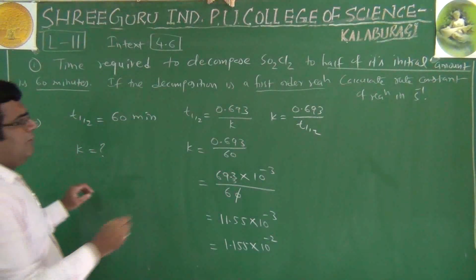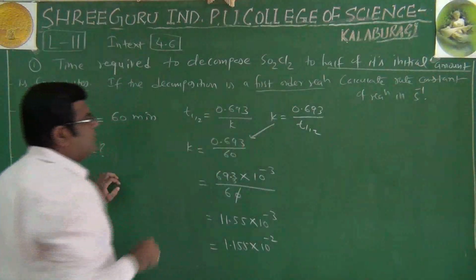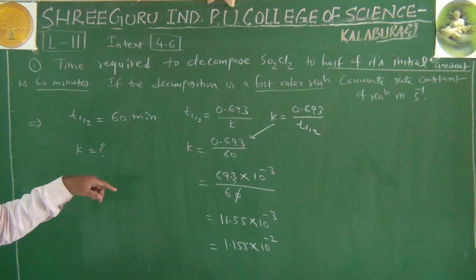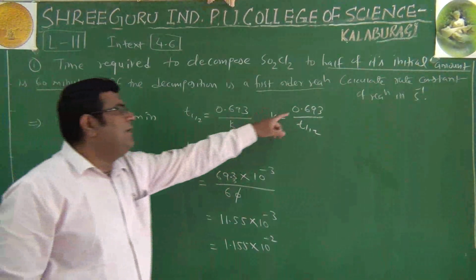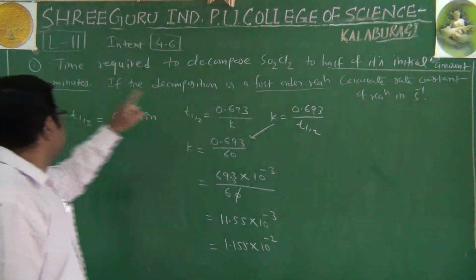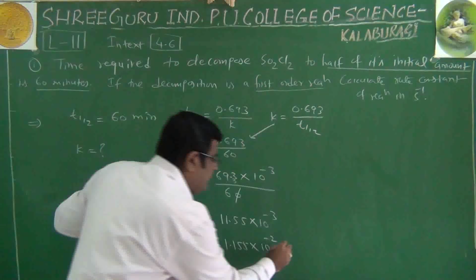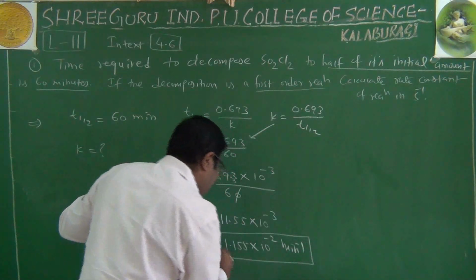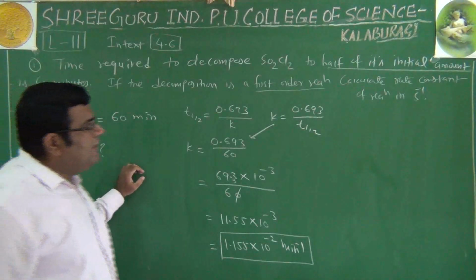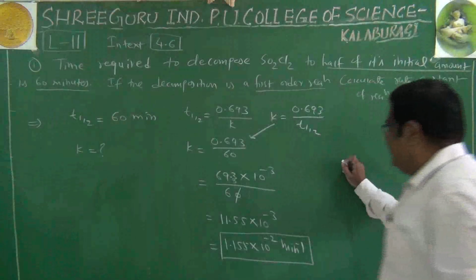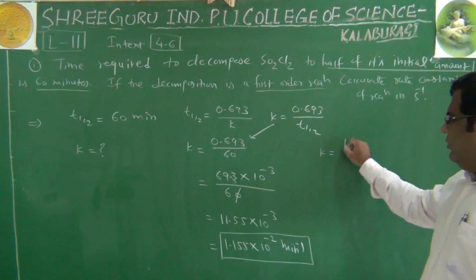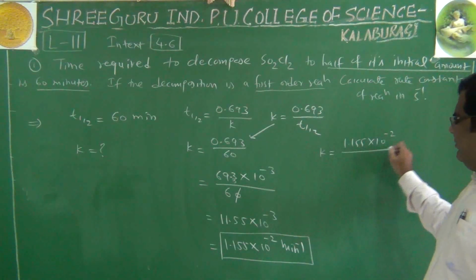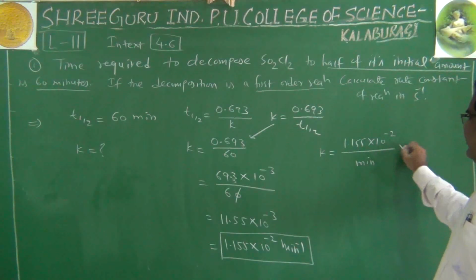So the unit is per minute. In per minute we have calculated this, but they asked for it in per second, so we can write K is equal to 1.155 into 10 raised to minus 2, and per minute means divided by minute.